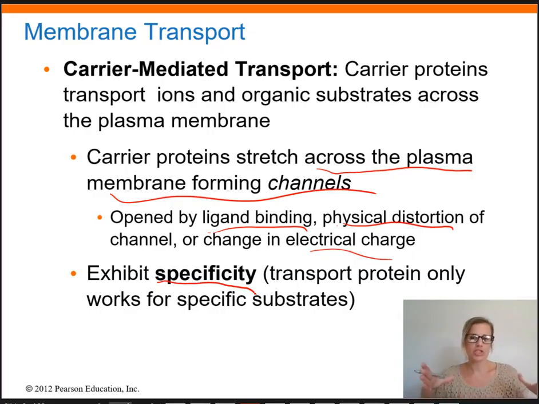So it's not like a big channel opens and everything can just rush into or out of the cell. This channel will open and it is very specific about what it's going to allow to move through it. So we have a channel for sodium, a channel for calcium, a channel for chloride, right? They're very specific in what they allow through.